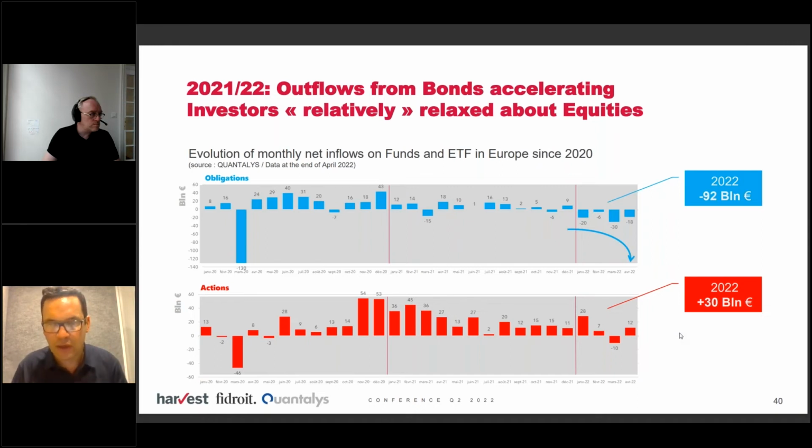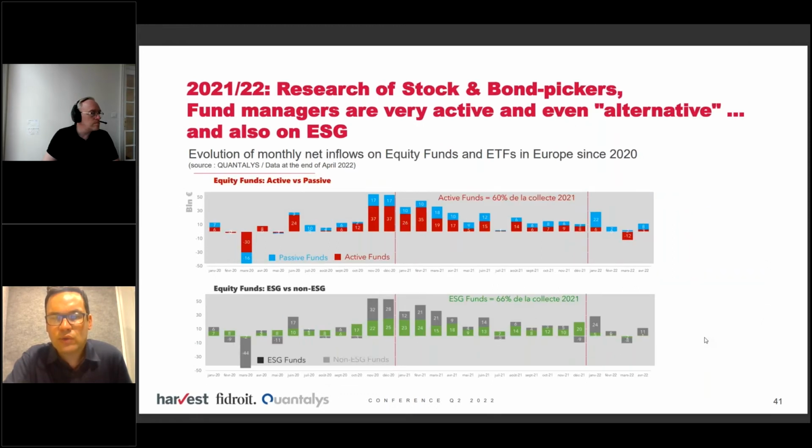It's not perfect, it's not positive, it's not a wow vintage year, but the investors are still staying zen during these first months of 2022, relative to bonds especially.